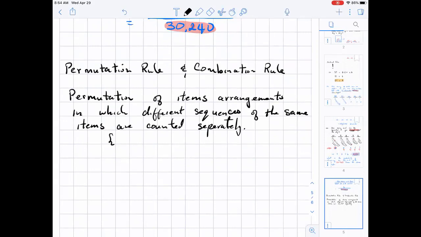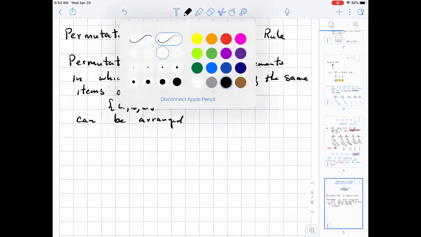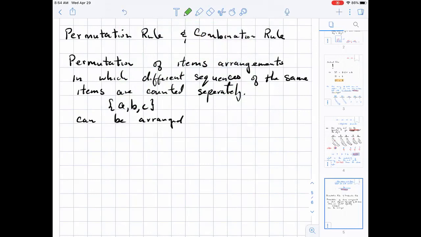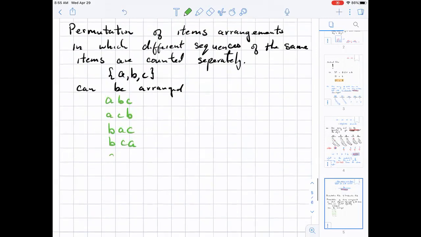For example, let's say we have three letters, A, B, C. Now the arrangements I can have here: we can have ABC, or ACB, or BAC, or BCA. We can also have CAB, and CBA.